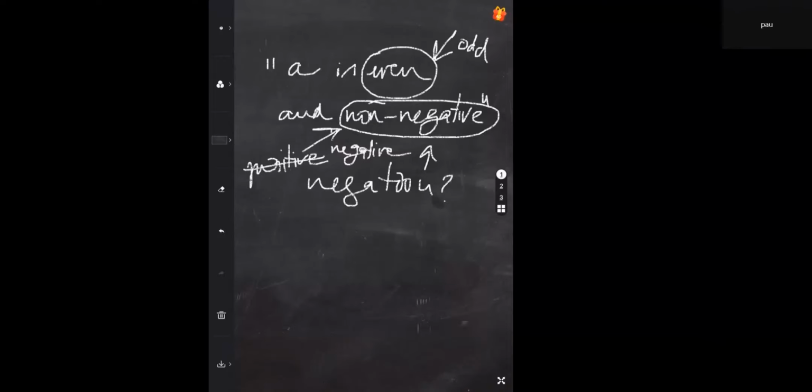So we know that the contrary of even is odd. We know that the contrary of non-negative is negative. And we want to turn this statement into a negation. How do you do that?